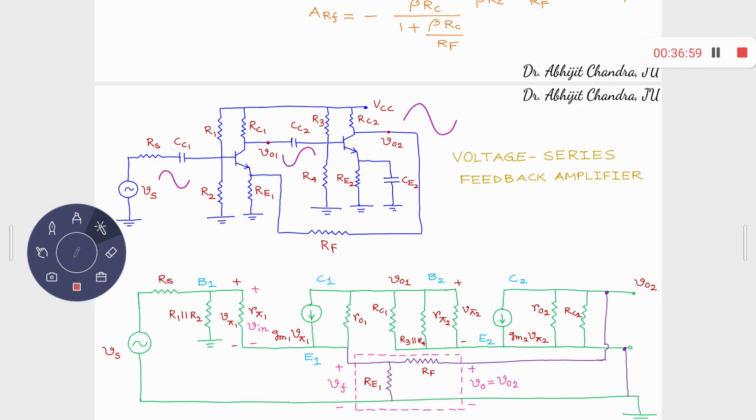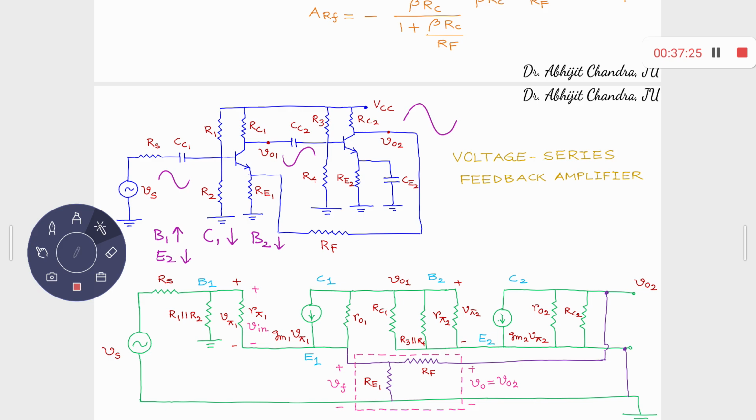I can write it over there. When base 1 voltage increases, that means the collector 1 voltage drops. That means base 2 drops, because C1 and B2 are connected, shorted. If base 2 drops, emitter 2 also drops.